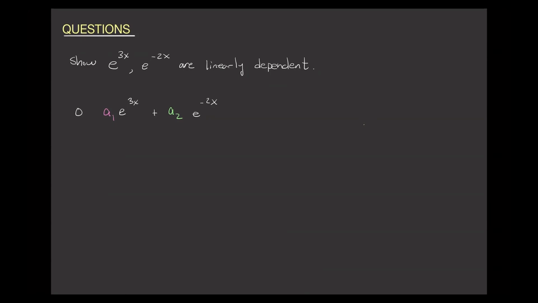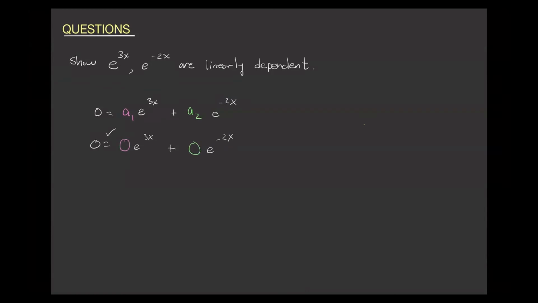What we want to show is that no matter what, for this equation to be true, A1 and A2 have to be 0. There's no option. Now, of course, they can be 0 and the equation is true. If you just set both equal to 0, it's a true equation. That is, 0 times e to the 3x plus 0 times e to the negative 2x is true. But in order to show they're linearly independent, we have to show there can't be any other A1, A2. This is the only possibility.